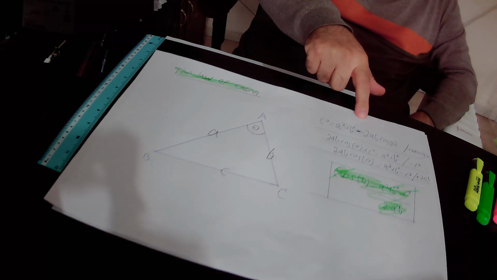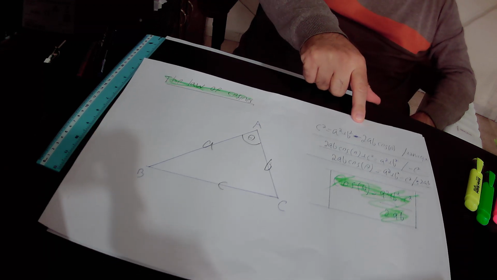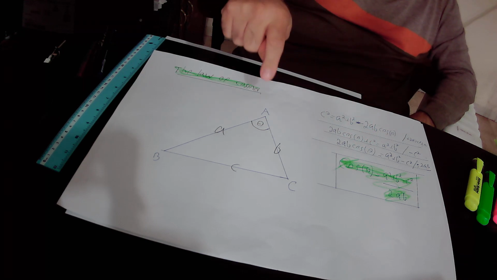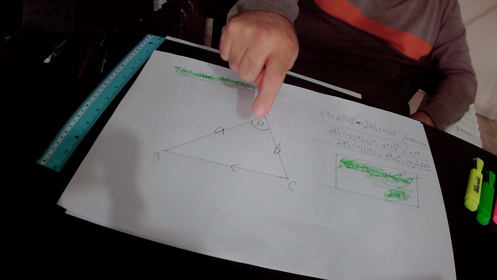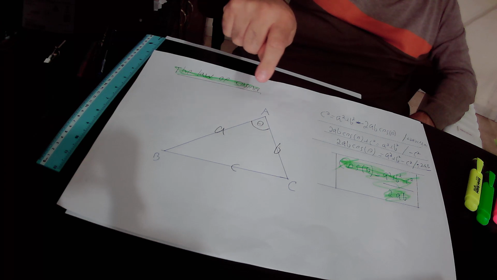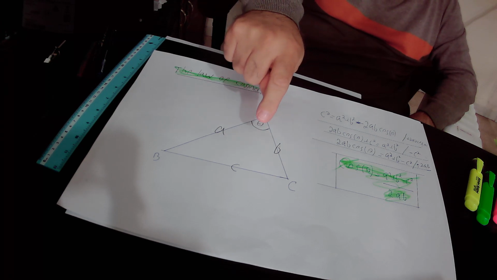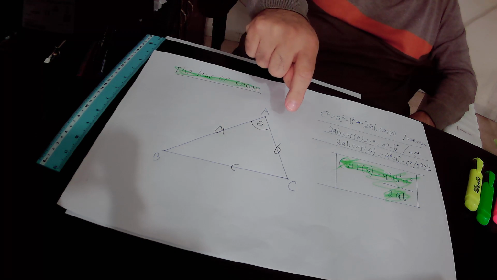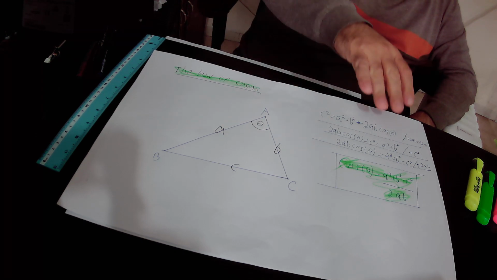So from this equation, it is very easy to arrive at this equation: cosine theta equals A squared plus B squared minus C squared over 2 times A times B. Okay?